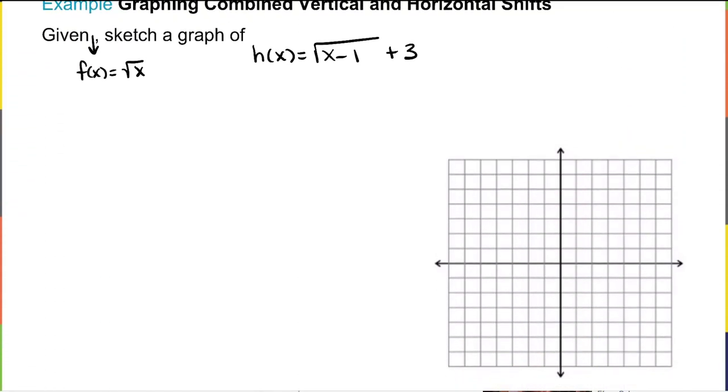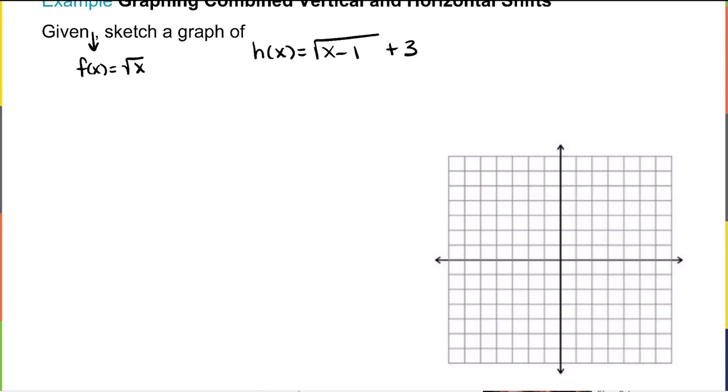So let's look at this graph. We're starting off with that same original graph. So 0, 0, 1, 1, 4, 2. Here are the original points right there. Now let's write down what's going to happen.